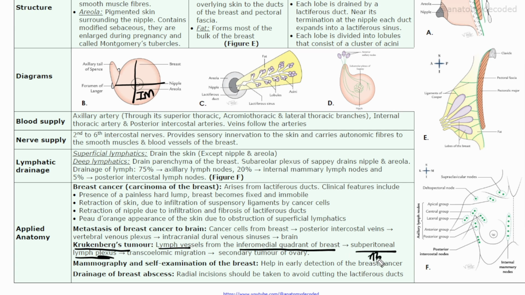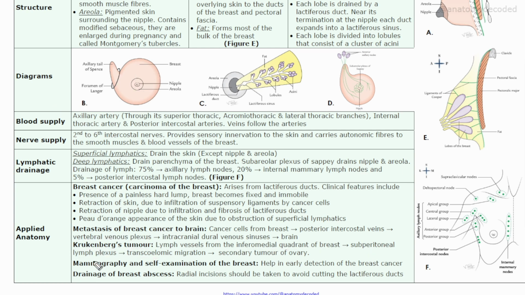Peritoneal means now it's in the abdomen. And there is a transcoelomic migration to the ovary. So the ovary can get affected in breast cancer through these lymphatic channels, which is referred to as Krukenberg's tumor. Many times an MCQ is asked: what is Krukenberg's tumor? It is due to metastasis from which organ? The answer is breast.